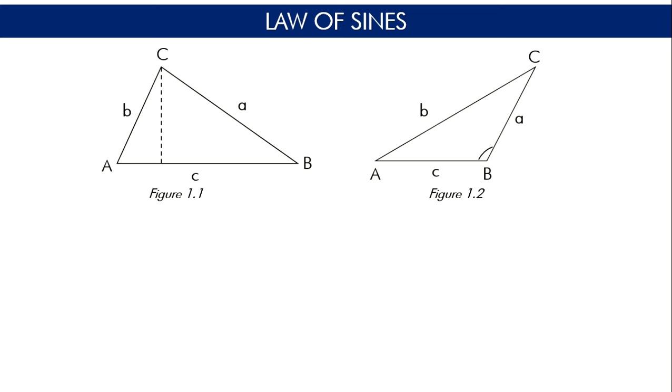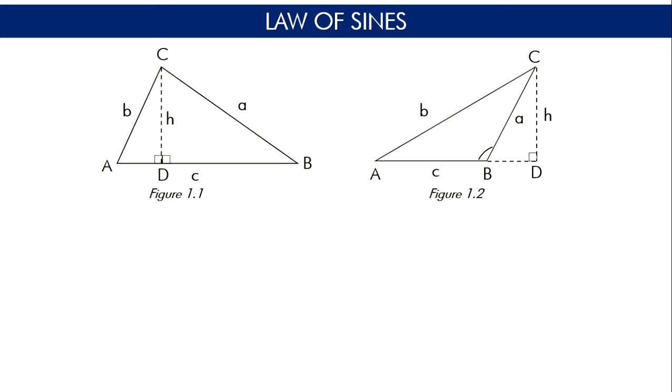Same with figure 1.2: let's extend the side AB, and it is perpendicular to CD. Here we denote its length as the height, h, and we form a right angle.